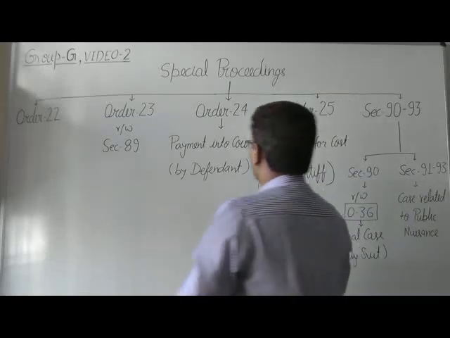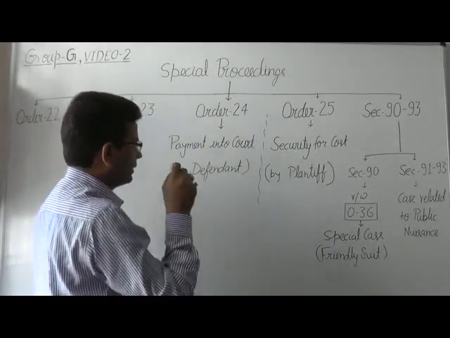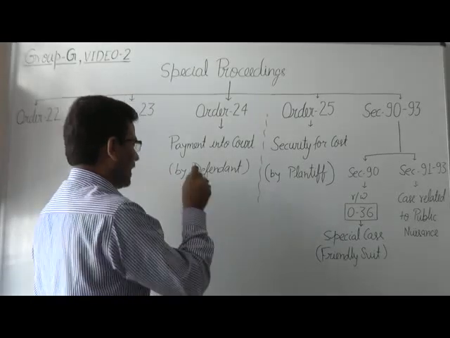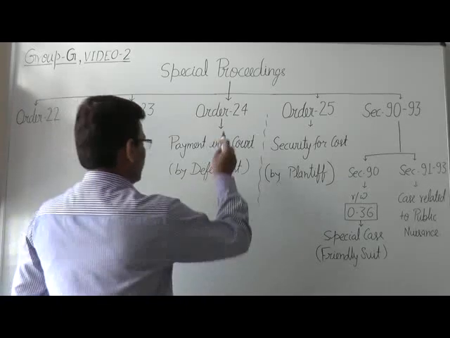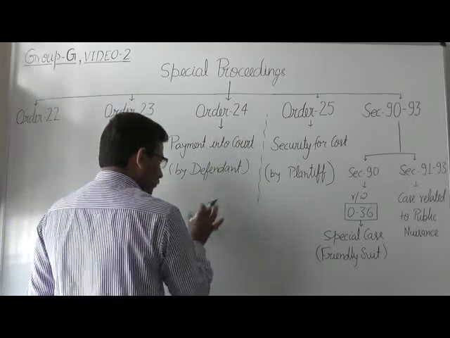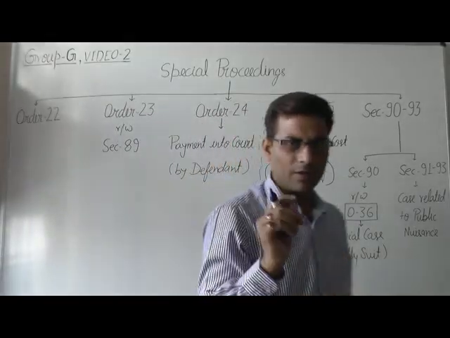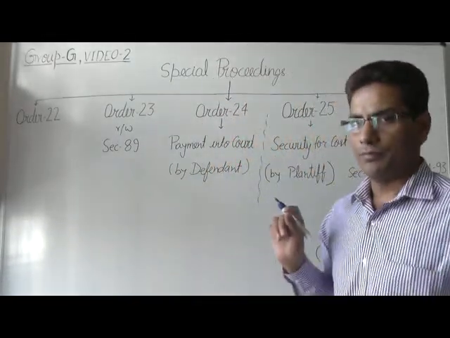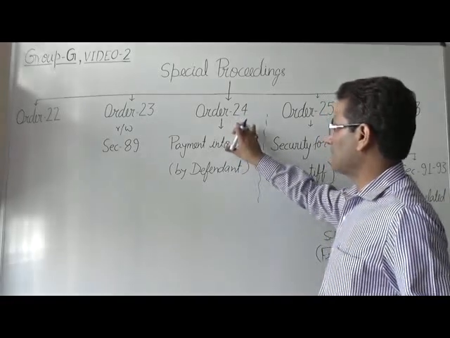So it means this order is applied only in a suit which is for recovery of damages or for recovery of debt. The scope of this order is very limited.